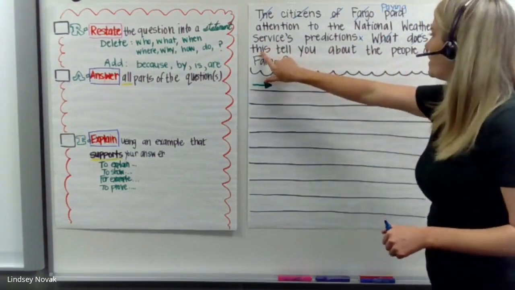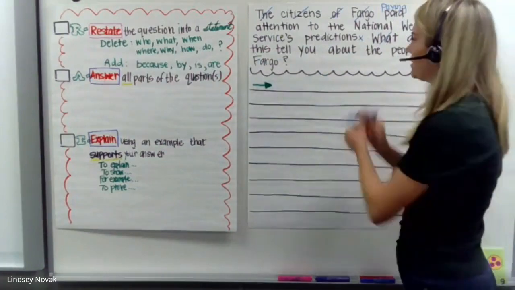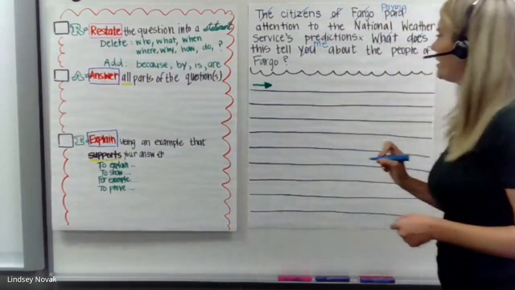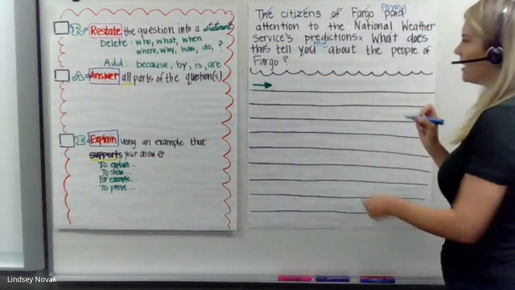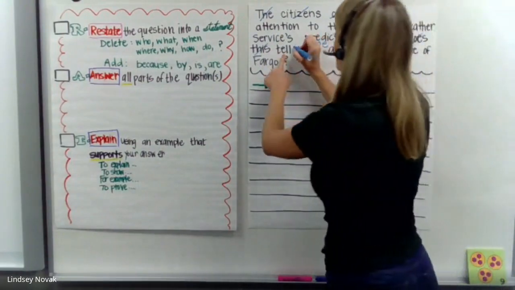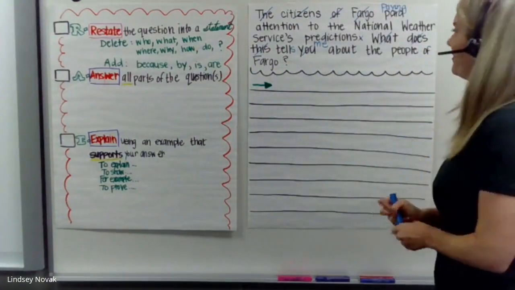Right here, it sounded weird when I said this tells you. If I'm answering it, I'm going to have to change you to me. And I don't need this, so I'm going to get rid of it. And tell, I'm going to have to change the tense to it, so it says tells. Let's see what it sounds like now.